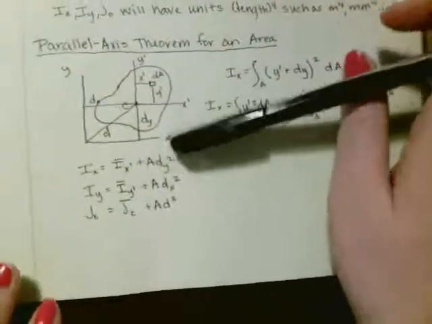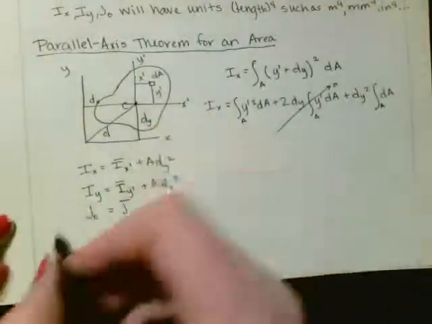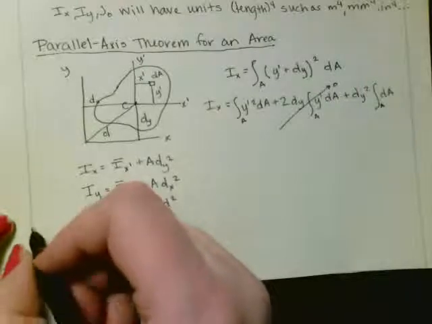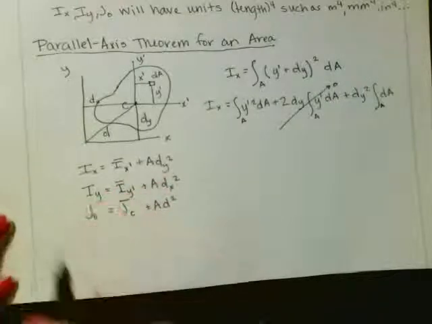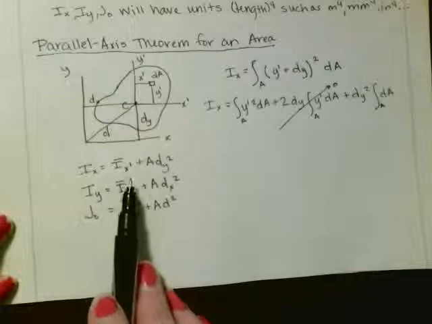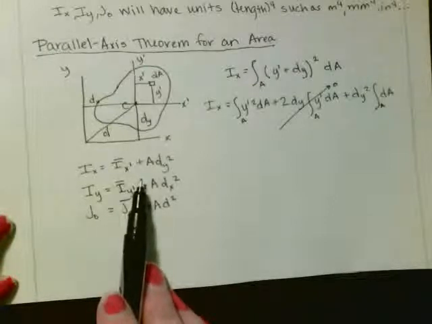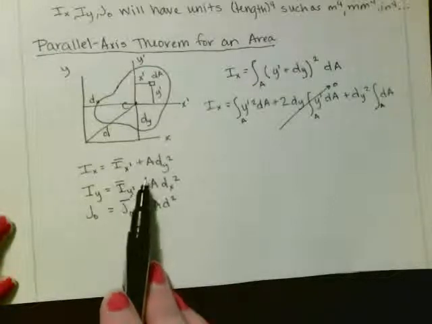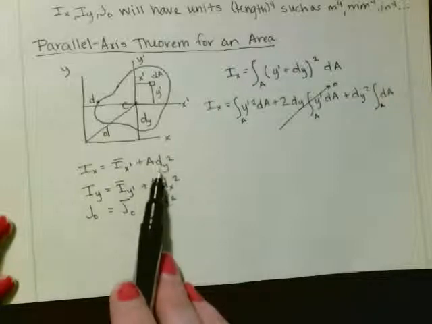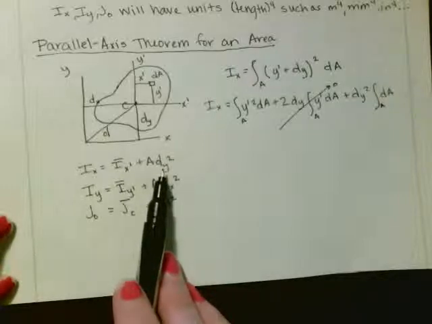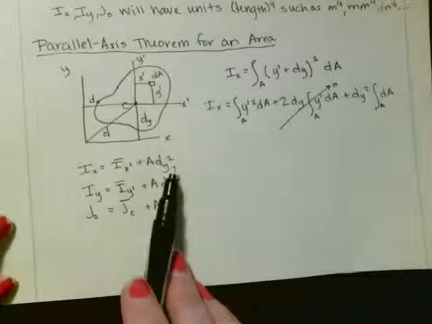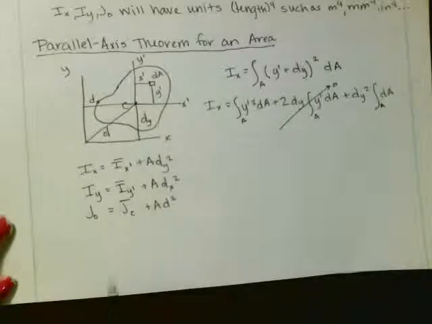So what that theorem is telling us is that the moment of inertia for an area about an axis is equal to its moment of inertia about a parallel axis passing through the area's centroid plus the product of the area and the square of the perpendicular distance between the axes. So let's write that out.